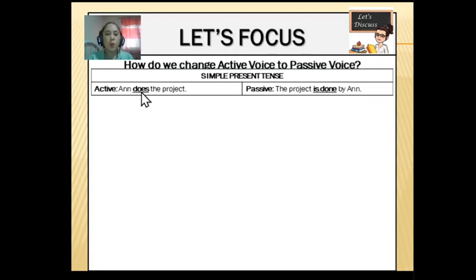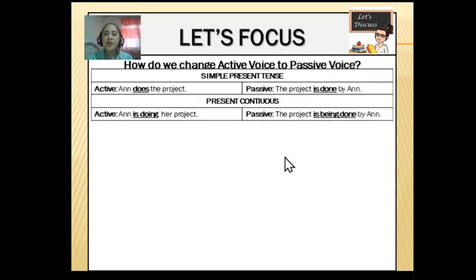Take note that the word "does" changes its form to the verb to be, which is, and the past participle of the word "does." Another is changing active voice to passive voice in its present continuous form. Here, our subject is "Anne" again.